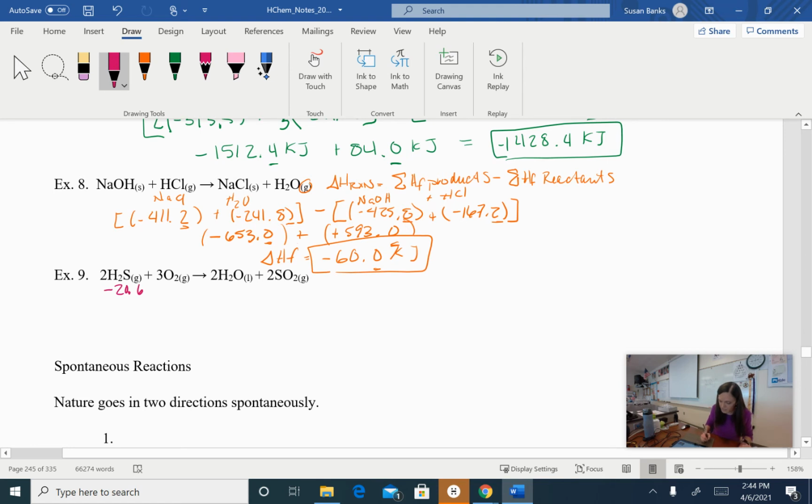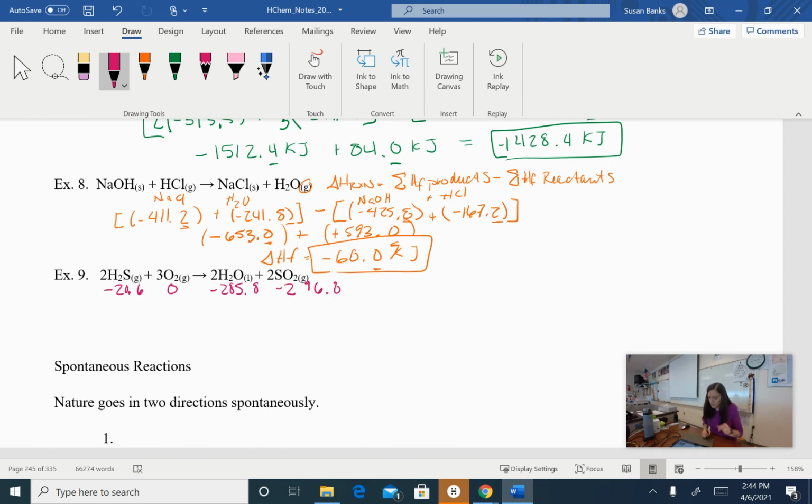Remember, oxygen, because it is an element, the heat of formation for that element is going to be 0. Water in the liquid state is negative 285.8. And sulfur dioxide is a negative 296.8. Okay, so those are the values that I gained from the table in the previous couple pages.